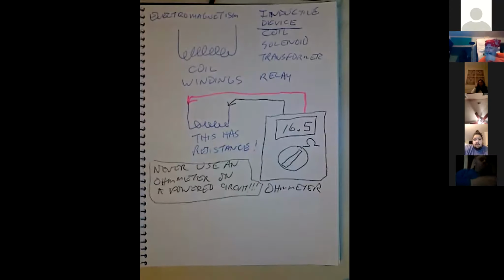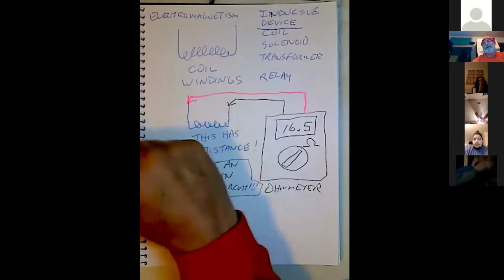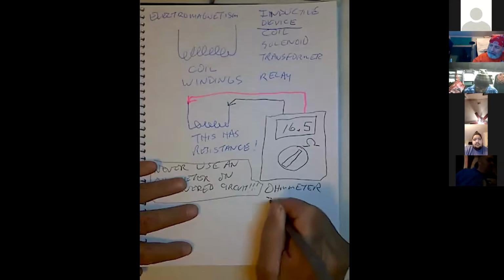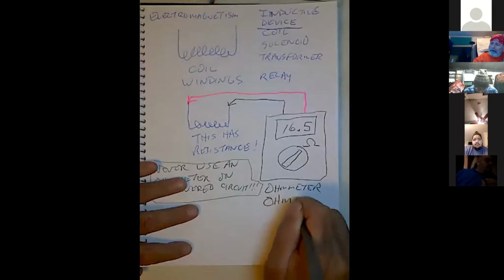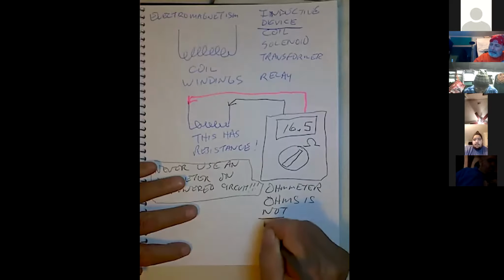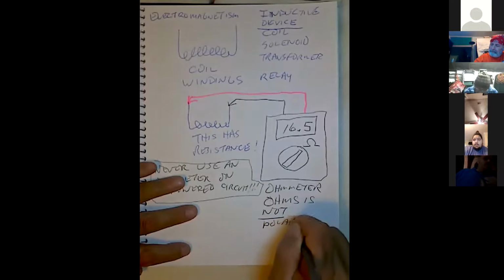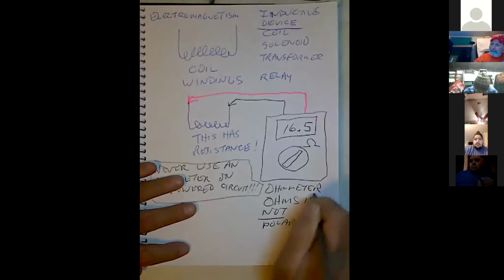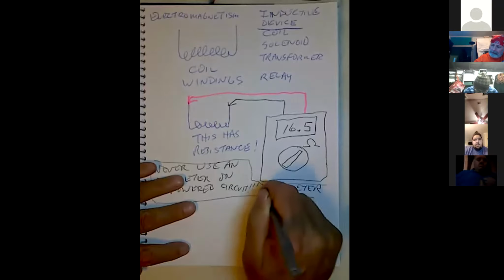Okay, so I'm going to use an ohmmeter. Now, I've got a red lead here and a black lead here. Does it matter if I switch them around? No, it doesn't, not on ohms. Ohms are not polarized. So any way I want to switch it, I'm going to be fine.